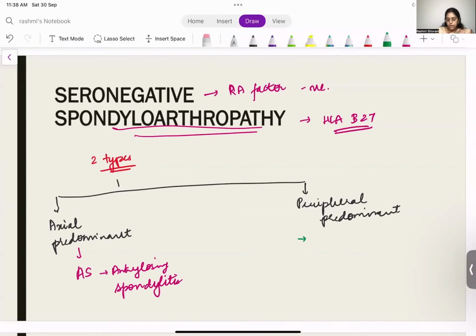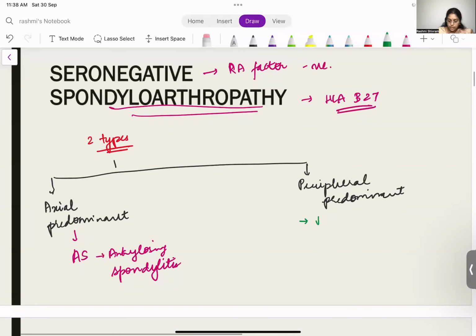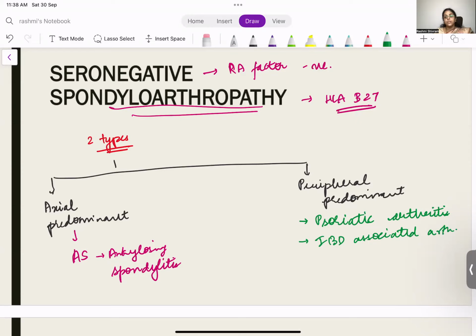The first one will be psoriatic arthritis. The next one will be IBD-associated arthritis. What is IBD? Inflammatory bowel disease. So the arthritis associated with patients with inflammatory bowel disease is called IBD-associated arthritis.